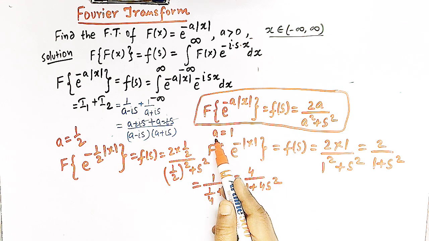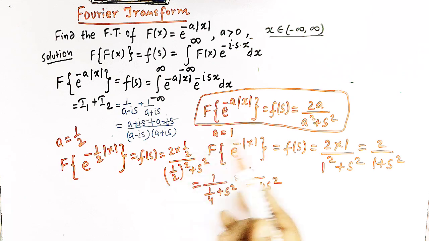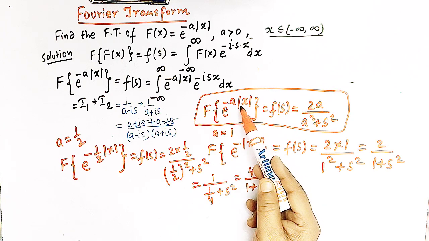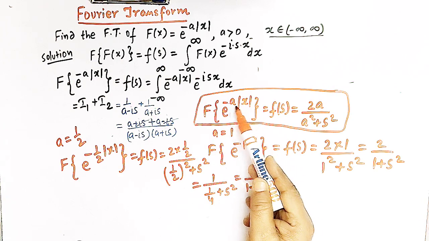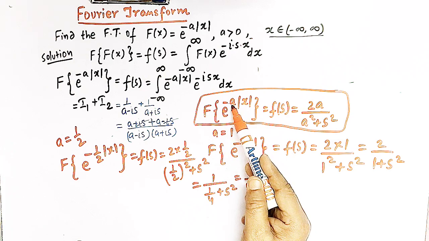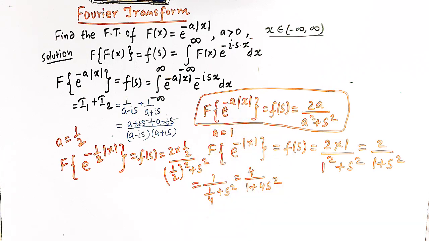Similarly, assigning other values to this parameter a, we can easily find the Fourier transform of the corresponding exponential function containing the term minus a times the absolute value of x.